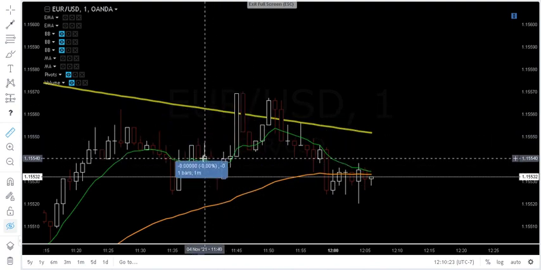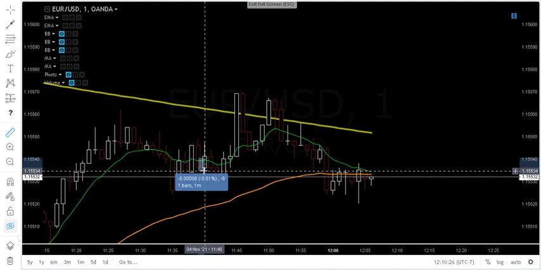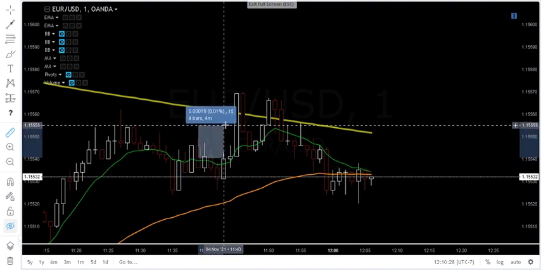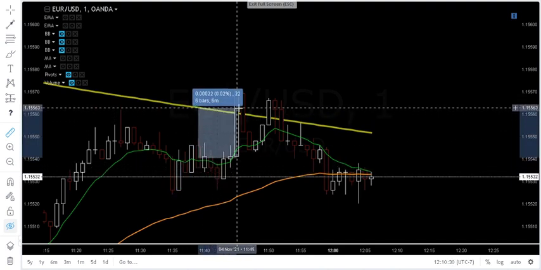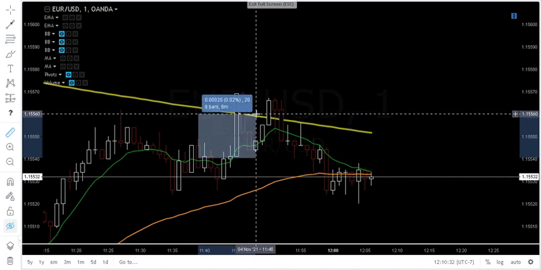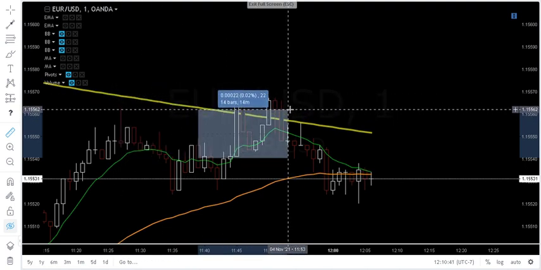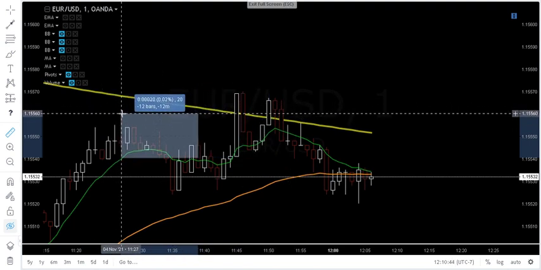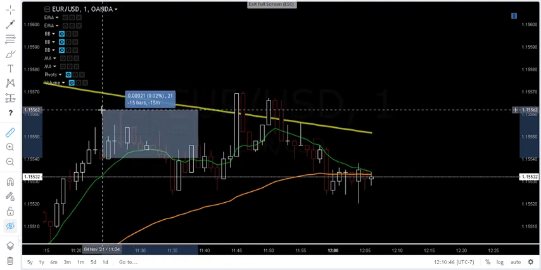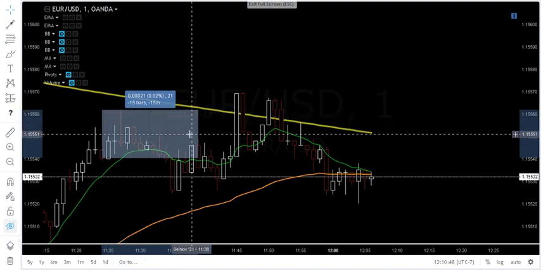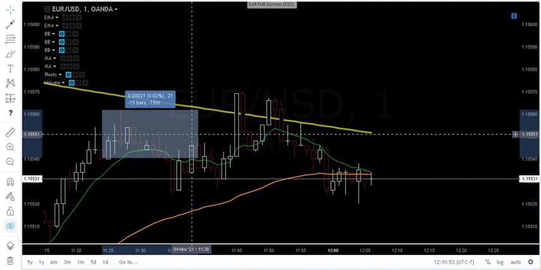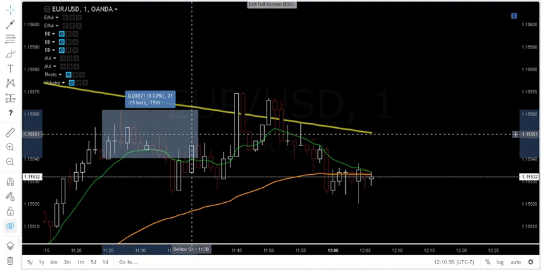I would have put a buy stop, and I would have put my stop loss at the previous high, which is right here, that candlestick sticking out. That would have been 21 pips right there. At $10 a pip, that's $210.